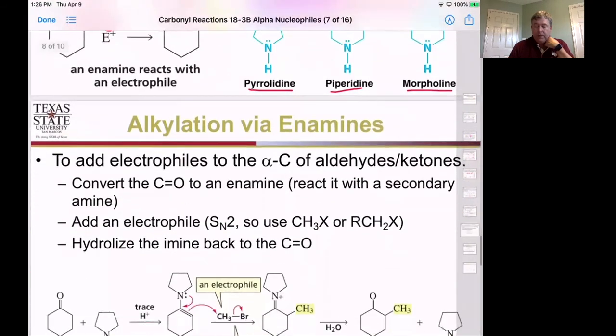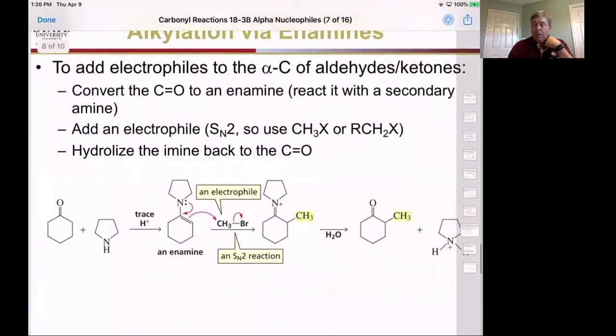Okay, so how can we use this in synthesis? It's very useful because we don't have to have a carboxylic acid. We can do these in the absence of water, so we can do it with other substrates we might not normally have. The basic reaction is we take our ketone with our amine and heat it up with a little trace of acid. That forms our enamine.